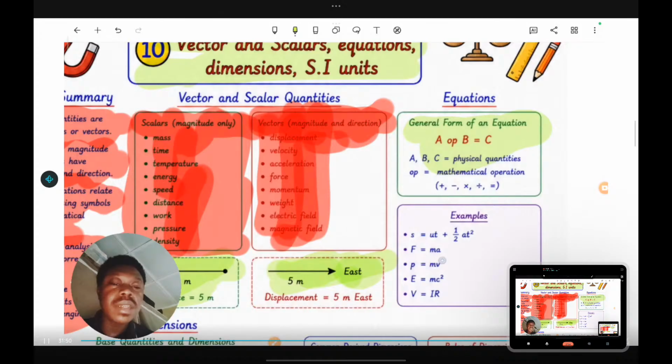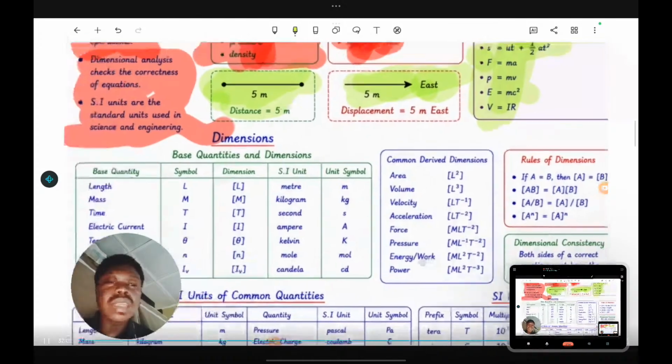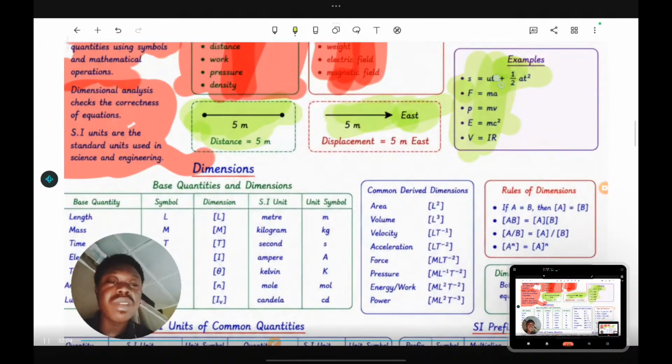Then you have your equations of motion coming in like this. Take note of these basic equations and formulas, even though they are not under this topic, because you can be asked for dimensional formulas from these.